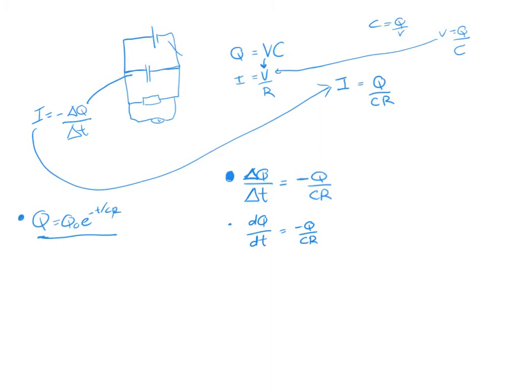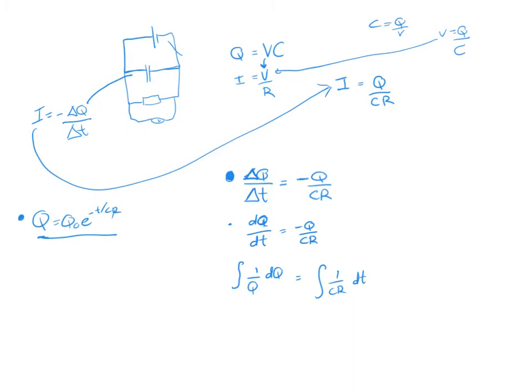In this case, we have to rearrange and keep, for example, Q with the dQ side and dt on the other side. So we rearrange to keep dQ over Q, and the dt will go to the other side, and I will integrate both sides to reach the solution. So that will be 1 over CR.